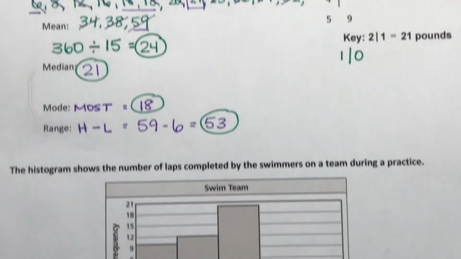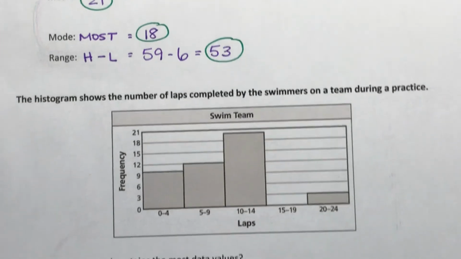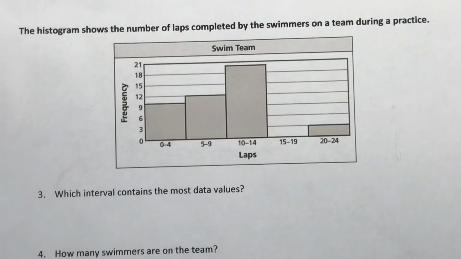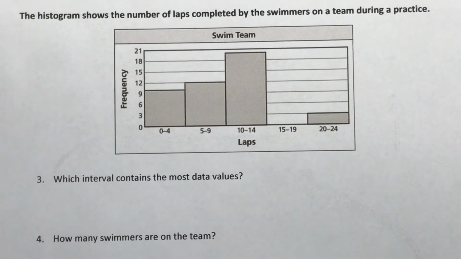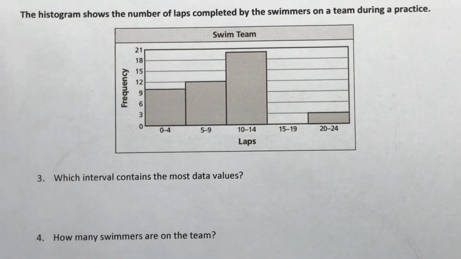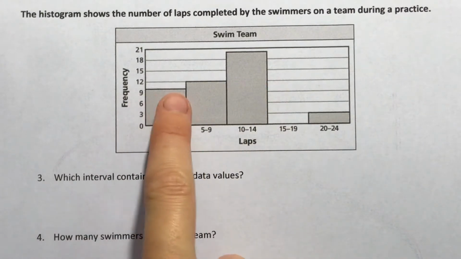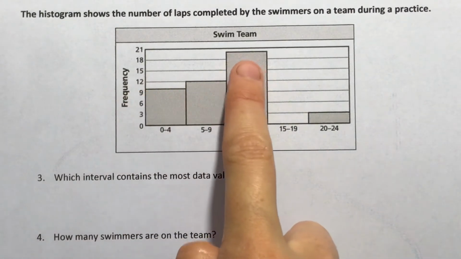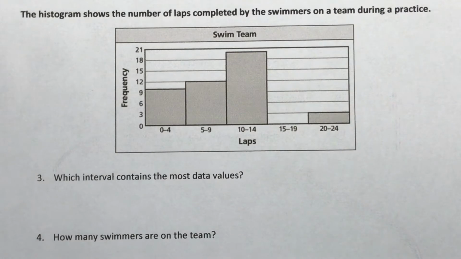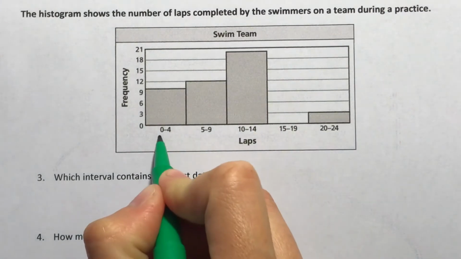I'm going to slide down to the histogram. Histograms are pretty easy to look at. They're kind of like bar graphs, as you guys can see. Sometimes the only trouble is that these lines are kind of just wherever, and you don't necessarily know how many are in each category. But the first problem just says, which interval contains the most data? Remember, interval means these guys.